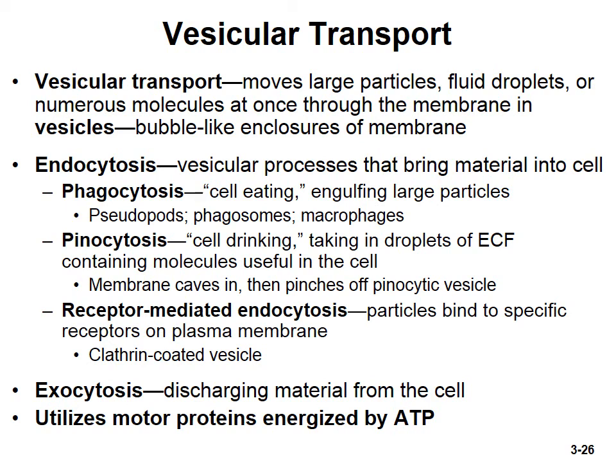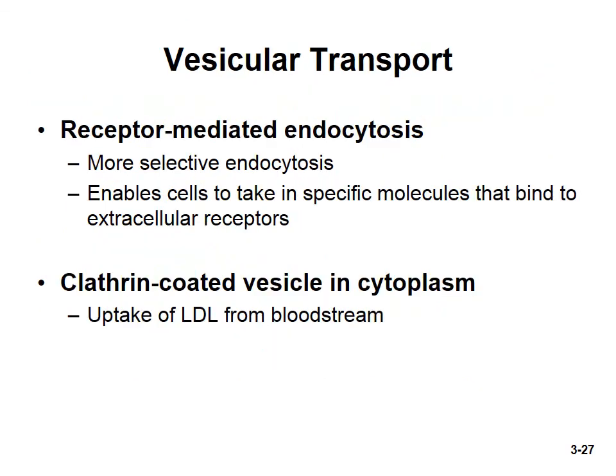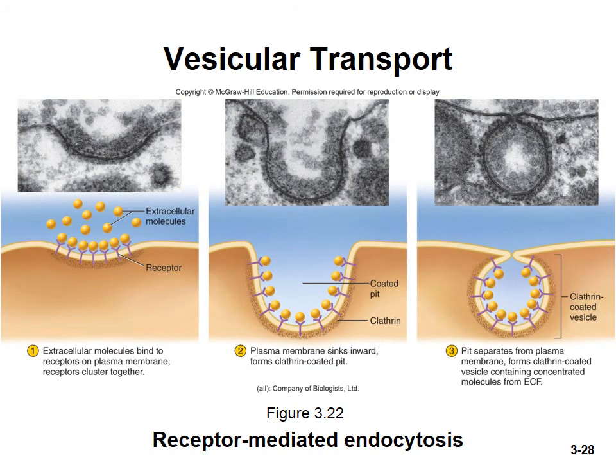Okay, so here's how it works. If you look on page 95, receptor-mediated endocytosis. Let me just find the picture. This right here is the plasma membrane, or your cell membrane. These are receptors right here. Now, we're going to say this is on our blood vessels.